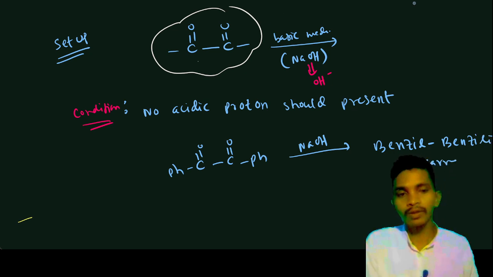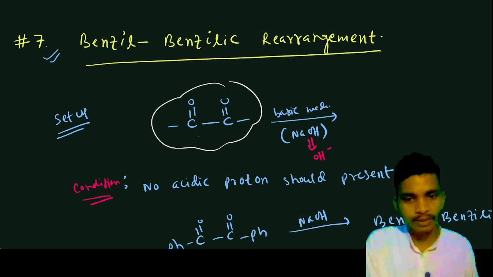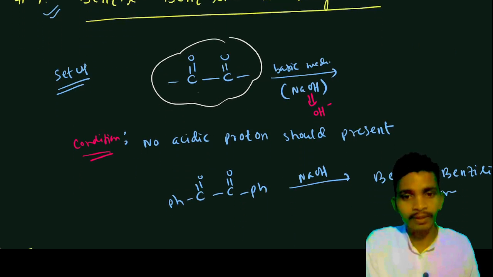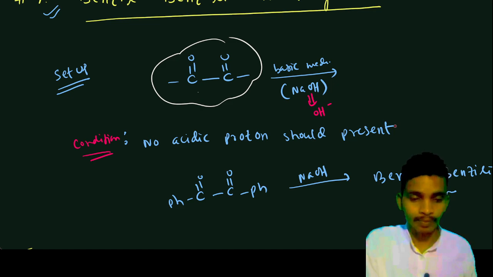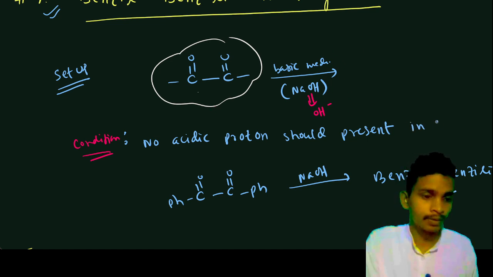So what you have to memorize for this name reaction, the benzilic rearrangement: first, the substrate should have CO groups present adjacent to each other, the medium should be basic, and there should not be any acidic protons in the substrate.